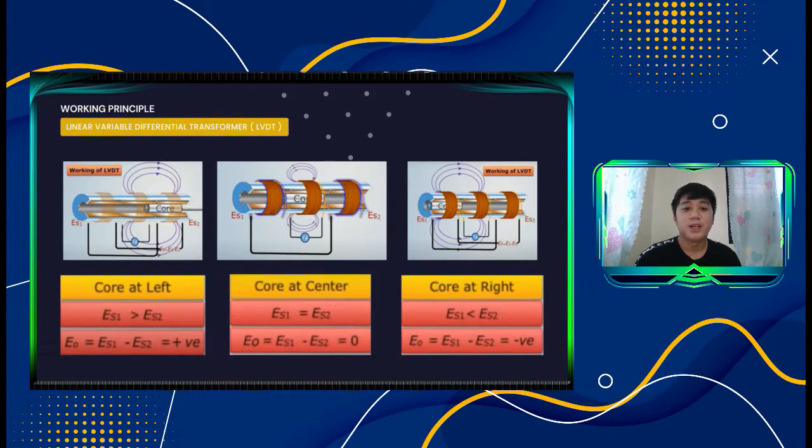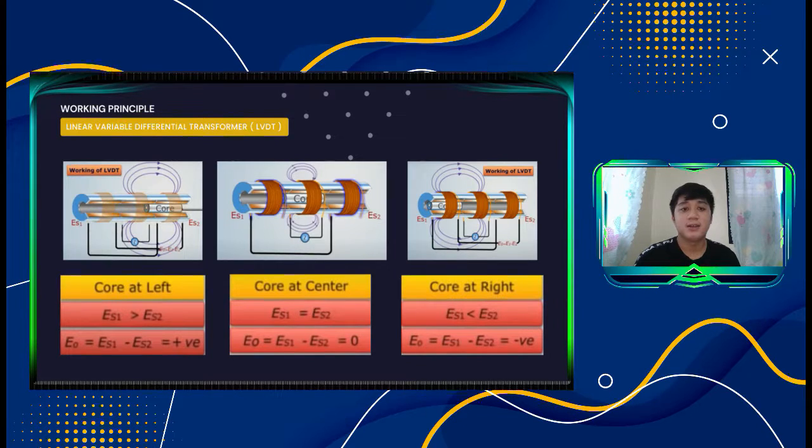Now, if we move the core towards the right, we see that the flux linking with the coil S2 becomes greater than the flux linking with the coil S1. As a result, the EMF induced in the coil S2 becomes greater than the EMF induced in coil S1, and the net EMF shows a negative value.